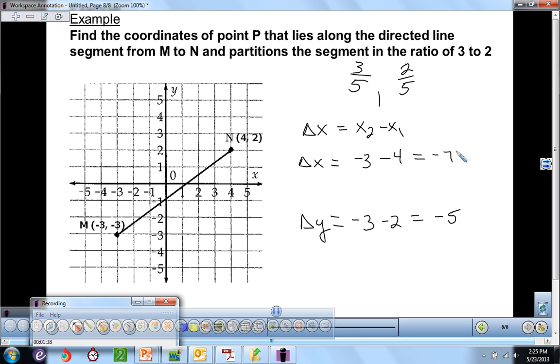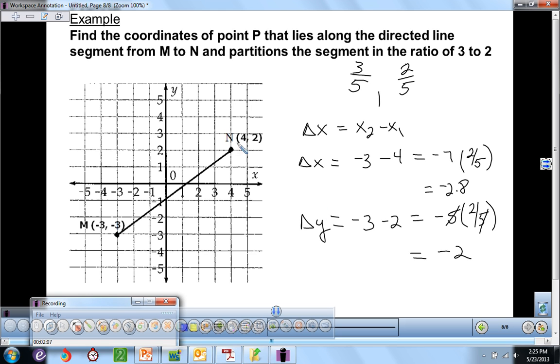And then we're going to take both of those and multiply them times 2/5. When we do this, nothing's going to cancel out, so I'm going to convert that to a decimal. We end up with -14 divided by 5, which is -2.8. For this one, the 5 does cancel out, so we end up with -2.